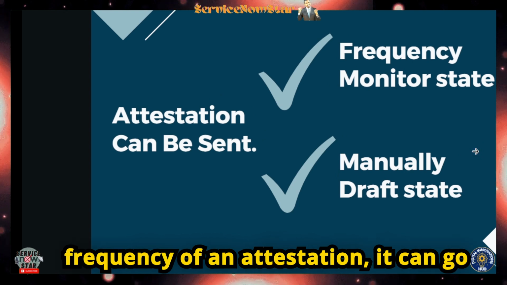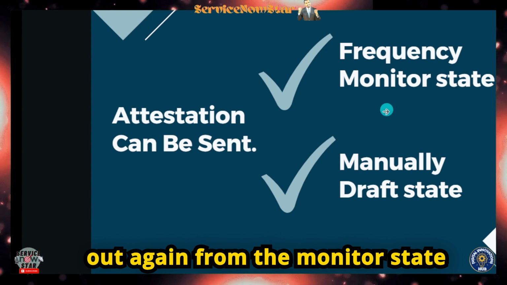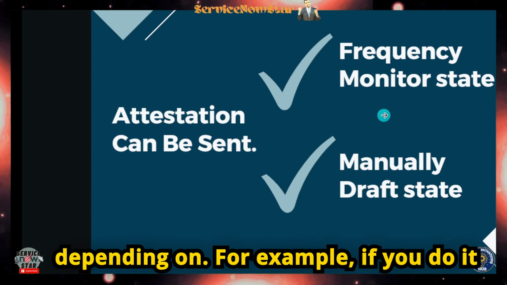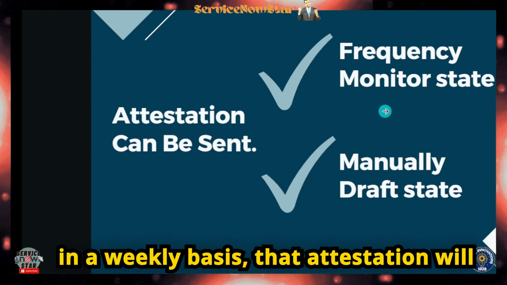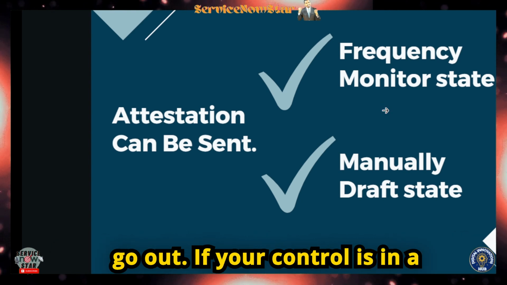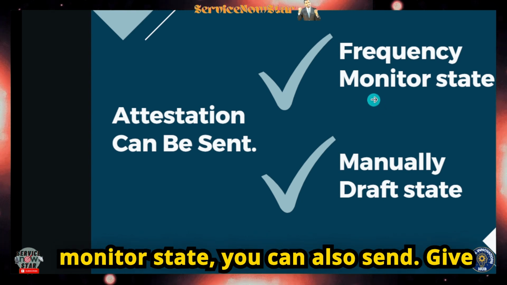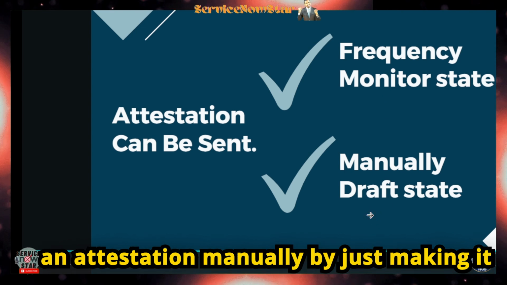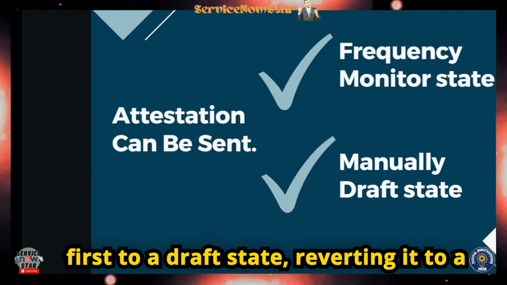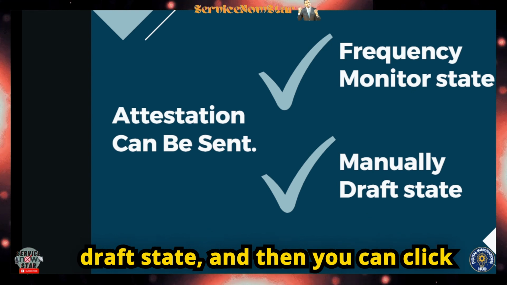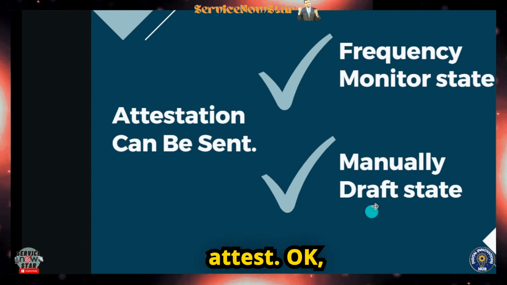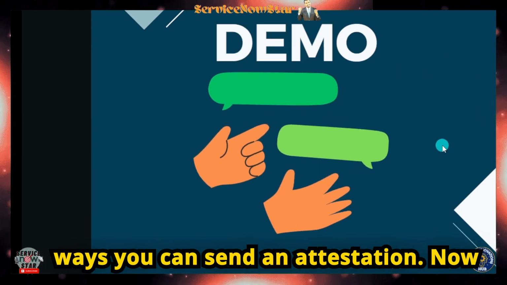The attestation can go out again from the monitor state depending on the frequency. For example, if you set it weekly, that attestation will go out if your control is in a monitor state. You can also send a given attestation manually by reverting it to a draft state and then clicking attest. So there are two ways you can send an attestation.